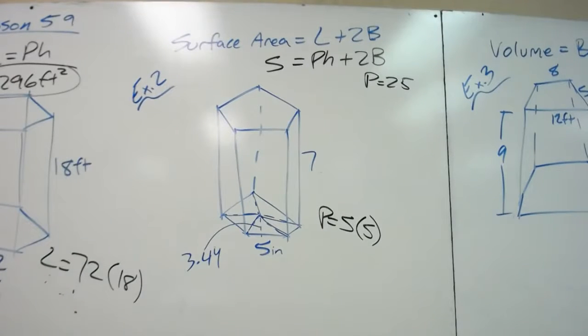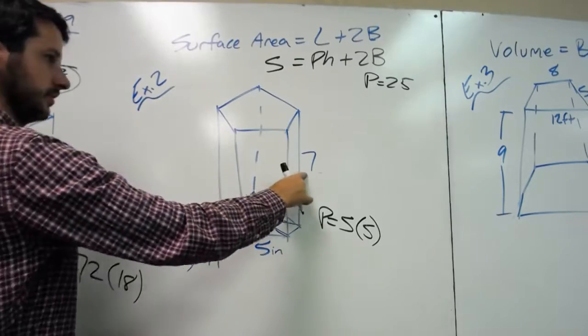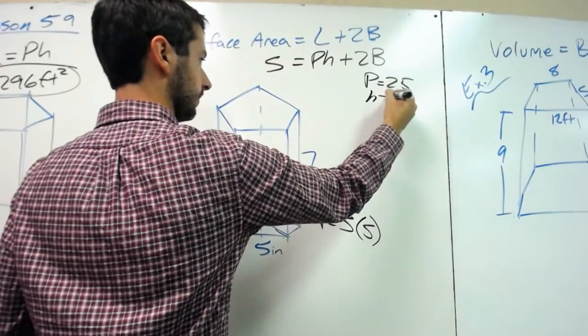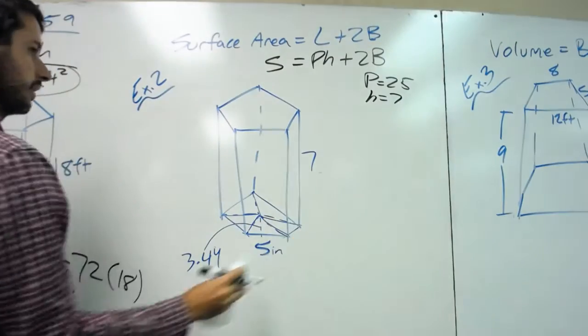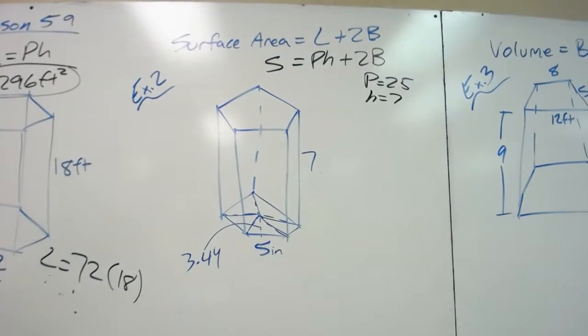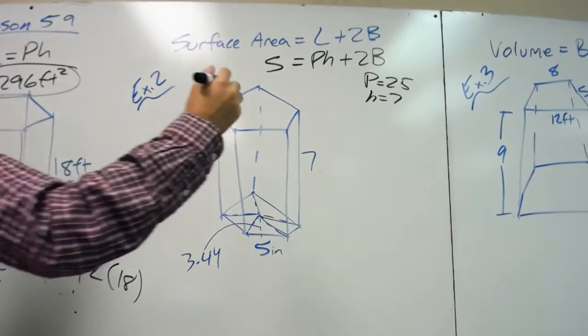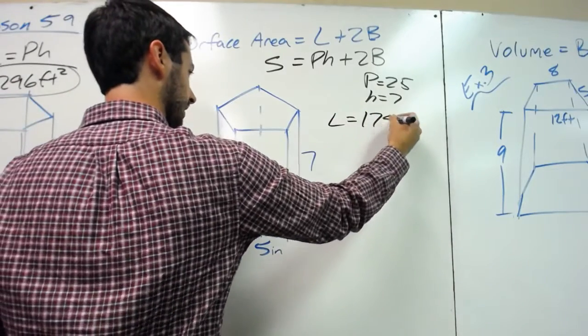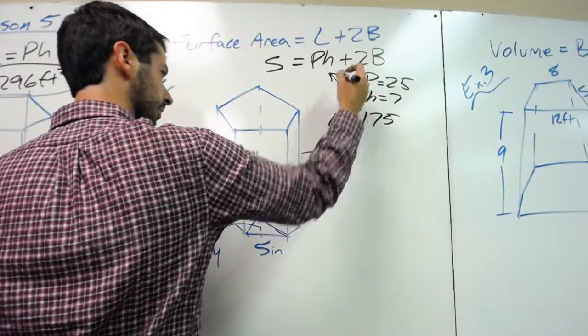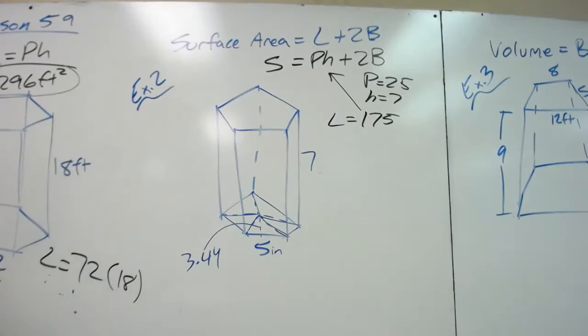So we now have the perimeter. The height is easy. We know that the height is 7. So I can know what my lateral area is by multiplying those together. 25 times 7 is 175. So lateral area equals 175. Remember, that's the same thing there as perimeter times height.